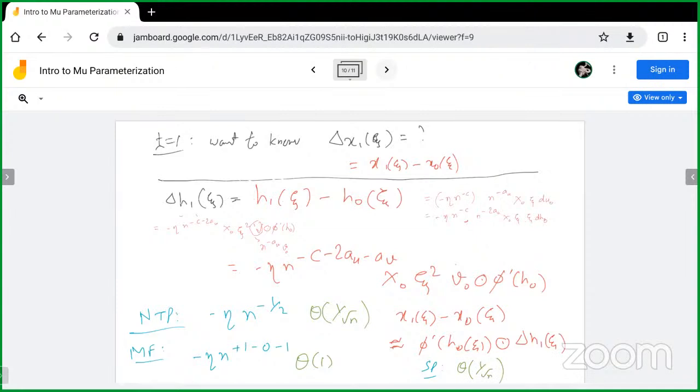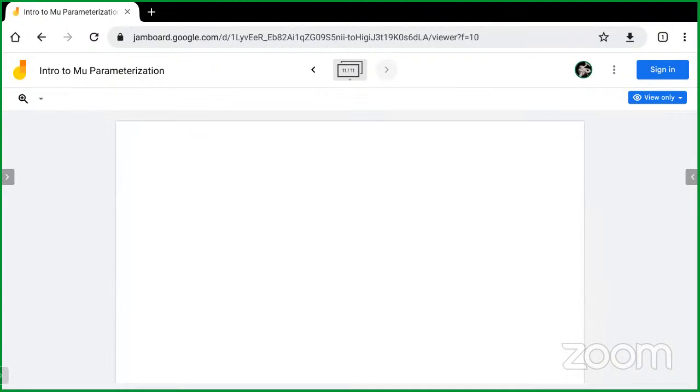Okay, so now we know how to do stuff. Now look at the properties of what's going to happen. So this is what the update looks like. Now what next? How do you understand what will happen?